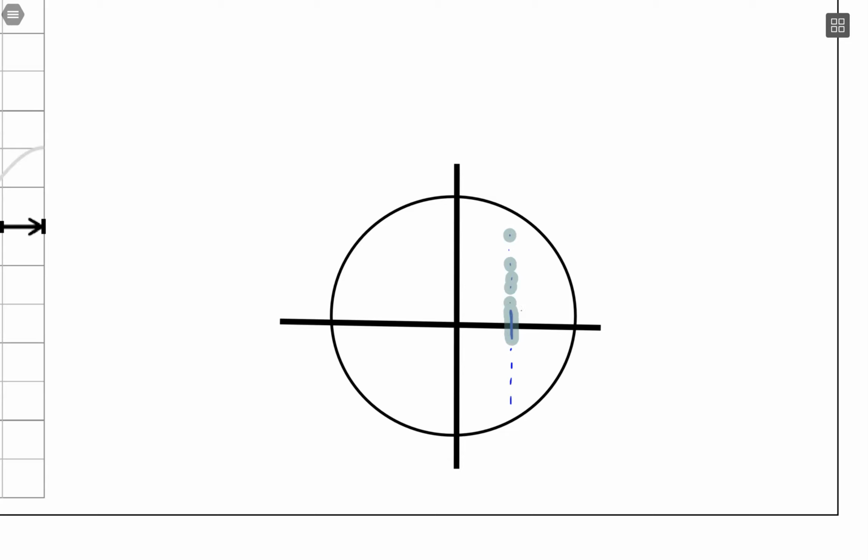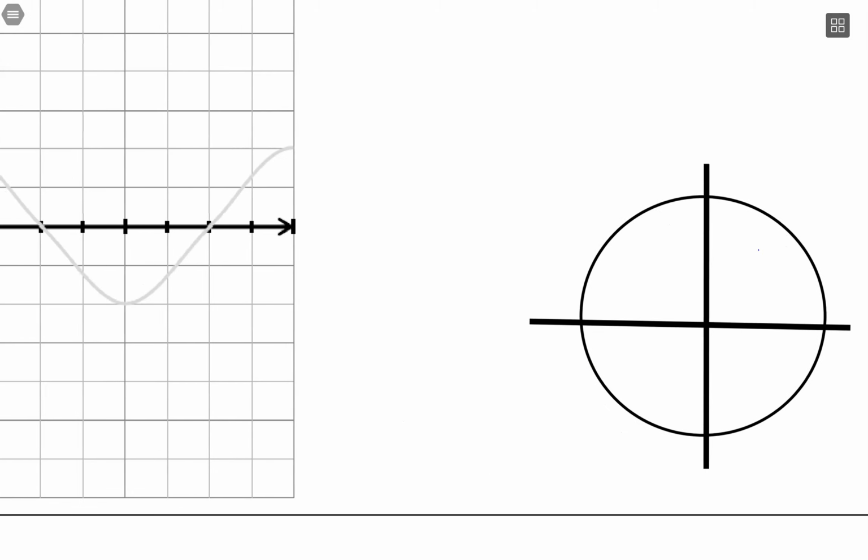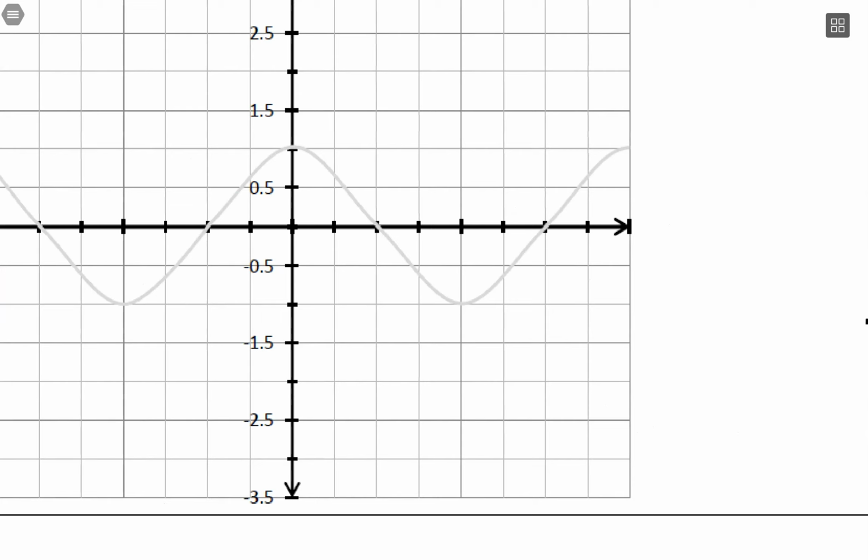So this is where we're going to restrict the domain so that we know what kind of window we're working within, so that we don't end up with too many solutions when with a function there should only be one solution.